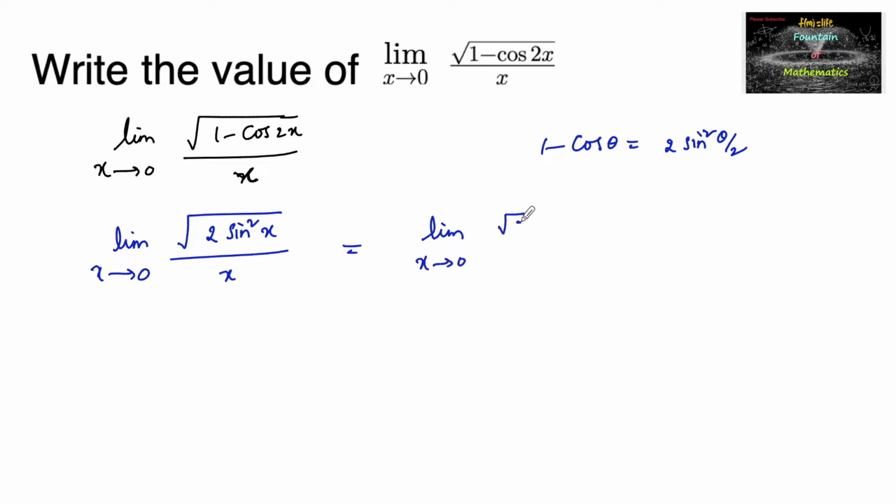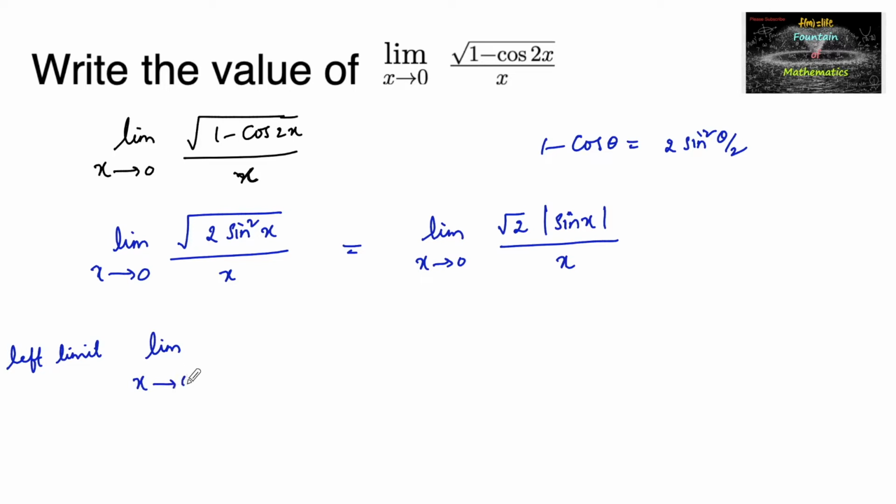to 0 root 2 into square root of sin square, which can be taken as mod sin x, because it can be positive or negative, depending upon its value, upon x. Now let us apply the left limit and right limit. Let us take the left limit.